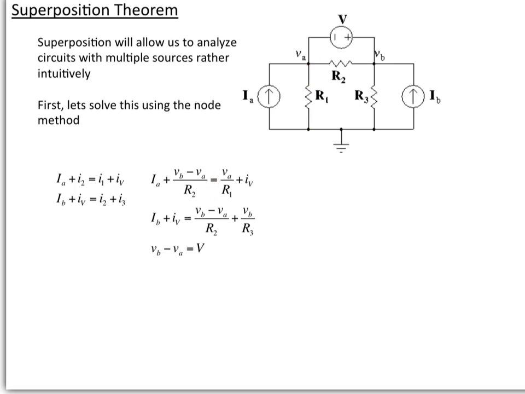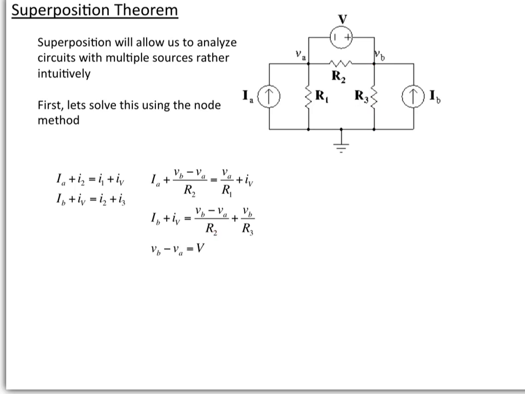I1 is just VA minus 0, current flowing that way. IV is what it is, and I can't plug it in yet because I don't know it. And then likewise for this equation, I know IB flowing in, IV I still leave, and VB minus VA over R2 again, and VB over R3 because current flows that way, plug in.